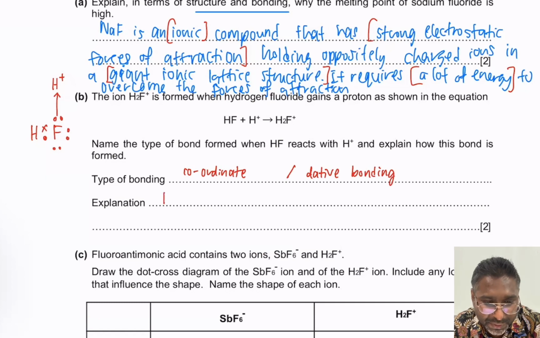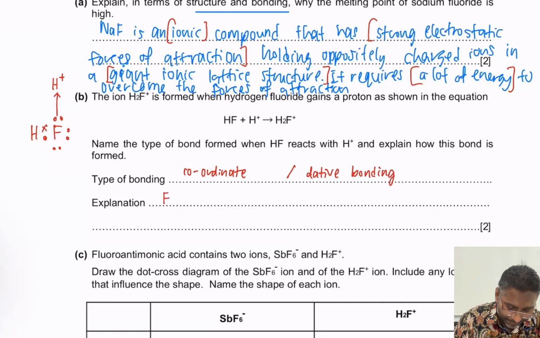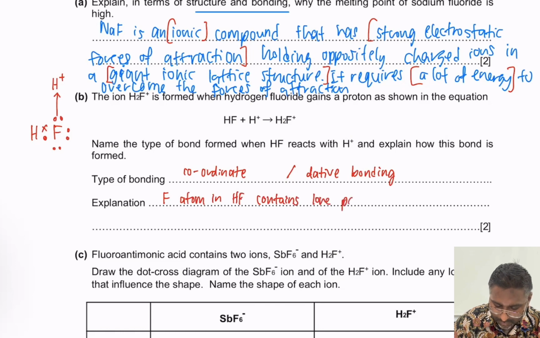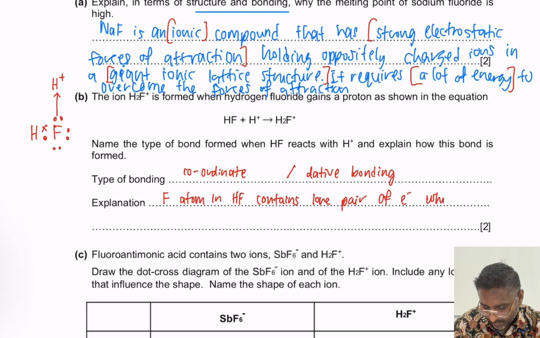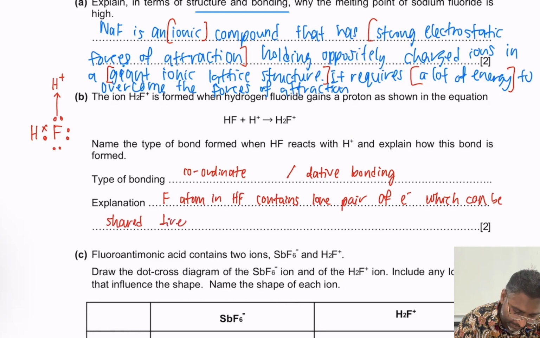Explanation: the fluorine atom in HF contains a lone pair of electrons which can be shared directly to the H plus ion.